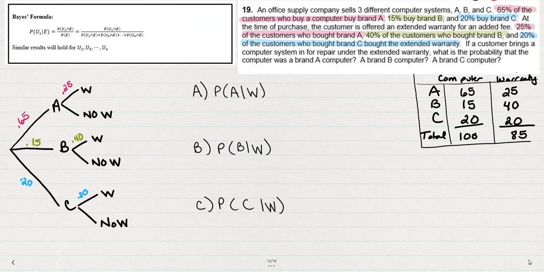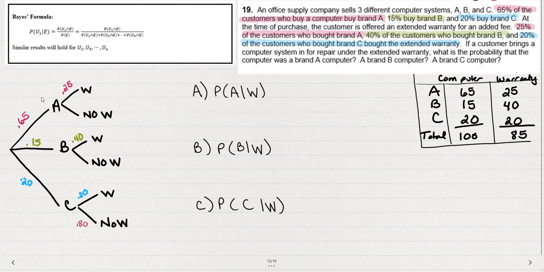Let's look at a couple more examples like this. An office supply company sells 3 different computers, computer A, B, and C, and based on the brand name, if it's a brand name that you have more confidence in, maybe you'd be less likely to get the warranty. So those who bought computer C, only 20% got the warranty, so I know that 80% didn't.